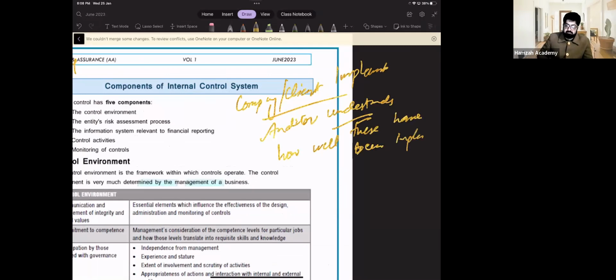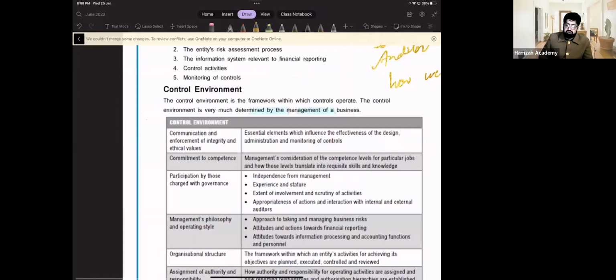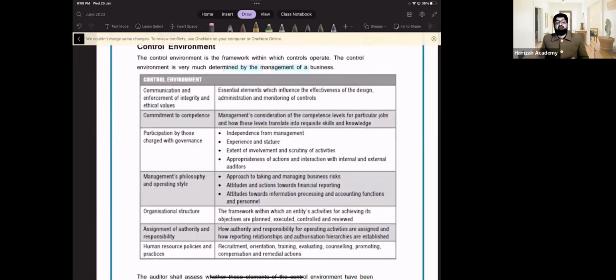Now, one by one. So first, control environment. What is control environment? Control environment is those factors surrounding which controls are working.